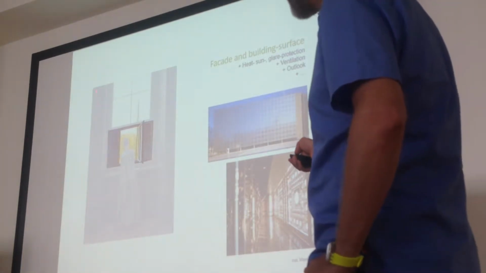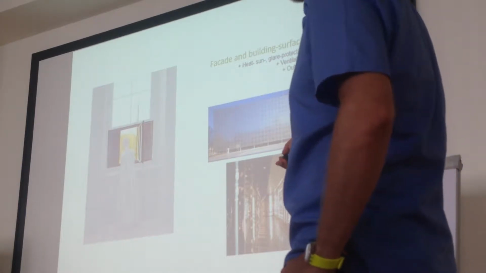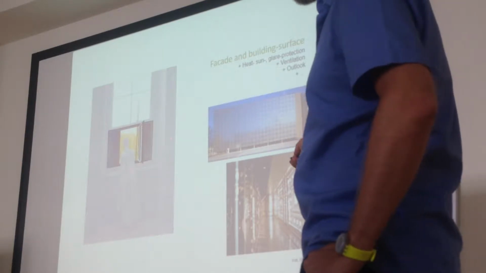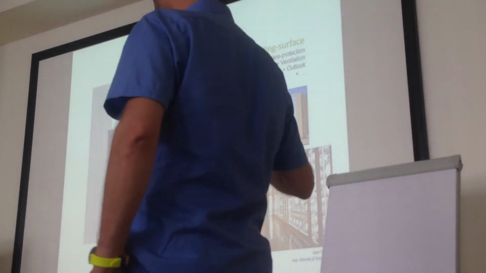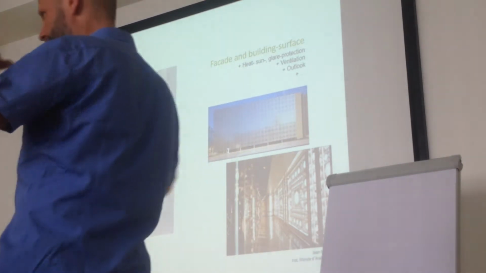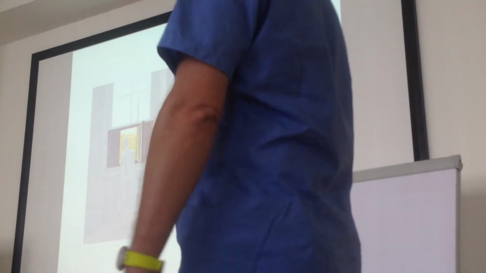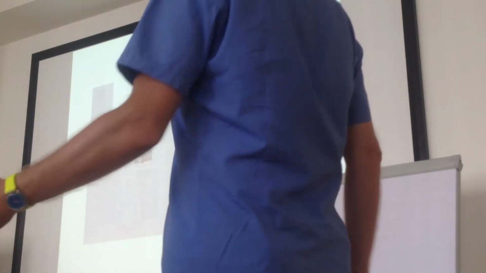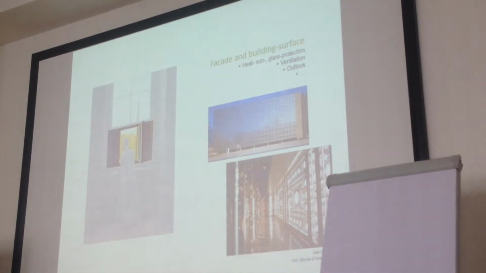We have a very specific position of this window here, and on the other hand, the woman at the window has the possibility with this very, very simple device to keep herself protected, for instance, from glare, from horizontal impinging sunlight, or probably she has the possibility to keep herself protected from people from the outside.